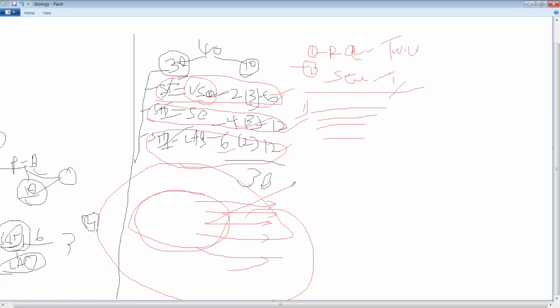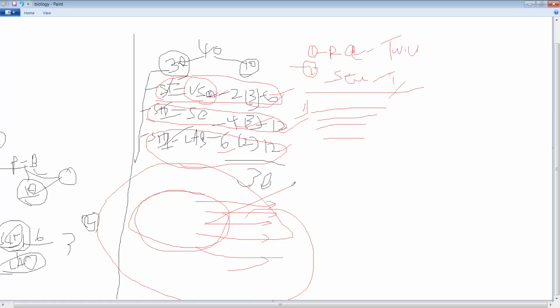If you take genetics, the keywords are like phenotype, genotype, monohybrid cross, dihybrid cross. And when you take the theories: Mendel's law of inheritance, Mendel's law of independent assortment, Mendel's law of segregation.